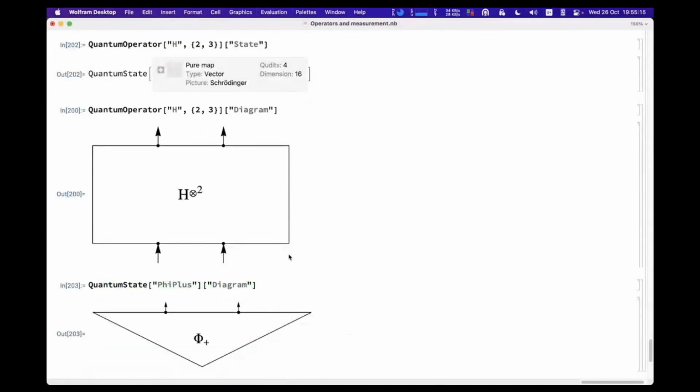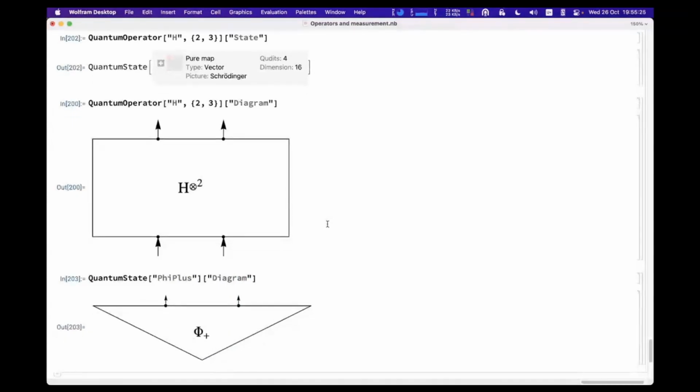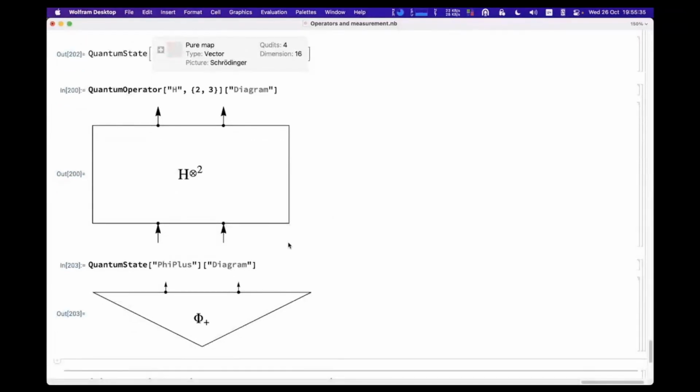Yeah. Behind the scenes, the fundamental difference, as in the textbook that Nick mentioned, is that in this approach a quantum state is the one with no input. We also have the property input.